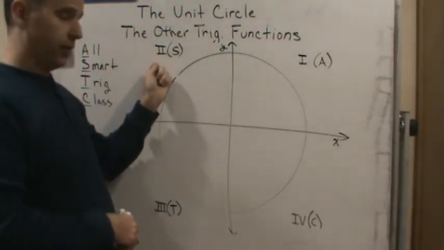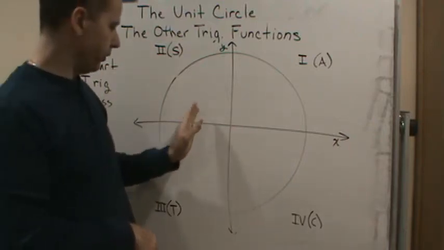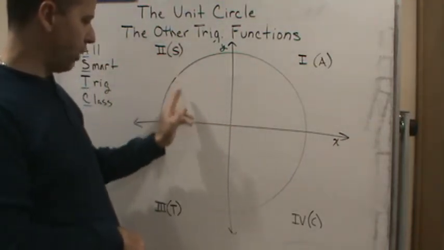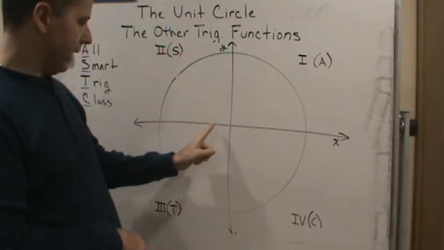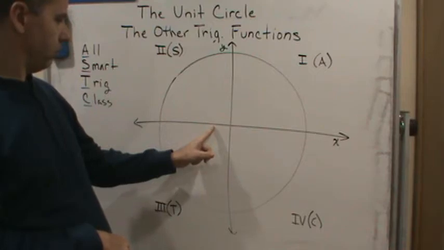In the second quadrant, only the sine functions are positive, which means that would be sine and cosecant, right? Because over in the second quadrant, when you have your reference triangle, well, what? X is negative, right?